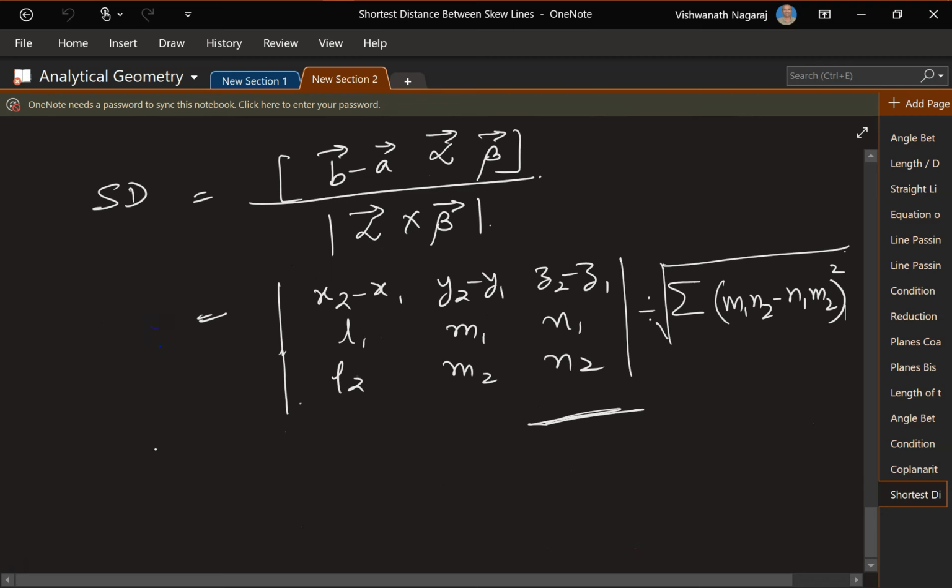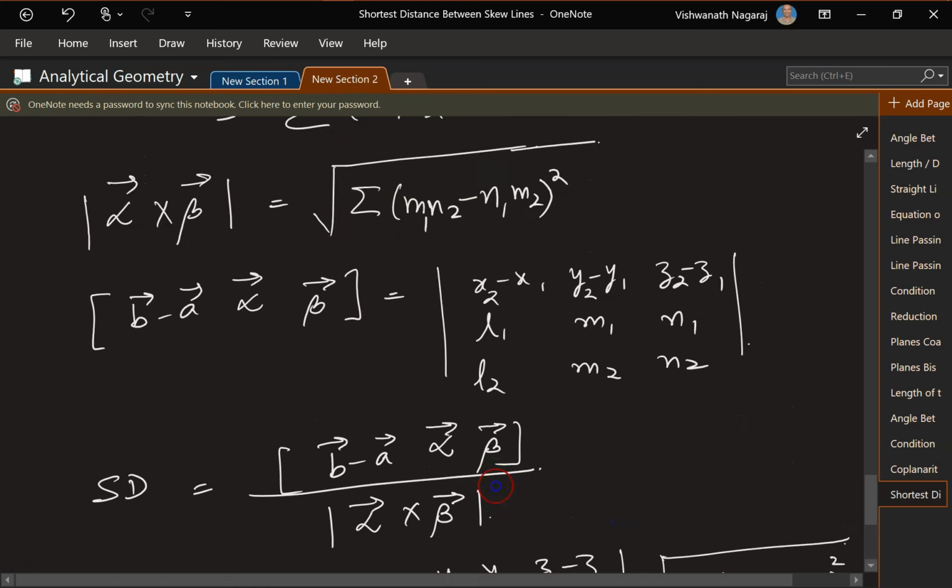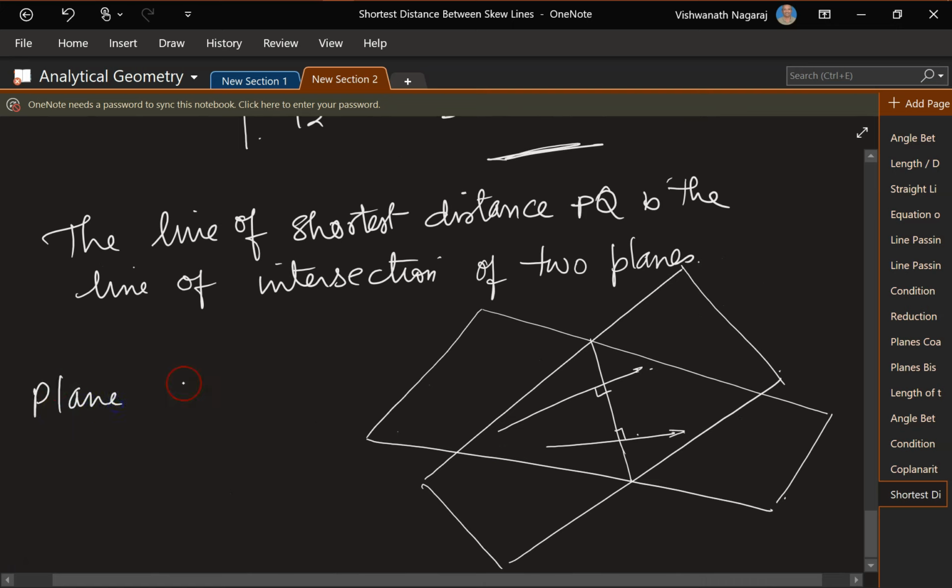equation. Now if you think about it, the line of shortest distance PQ is the line of intersection of two planes on which these lines lie. The plane with M and PQ: this is M, this is N, this is P, this is Q. P1 would be equal to what?